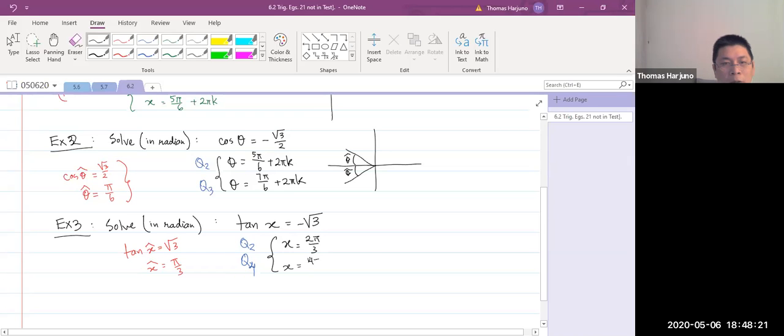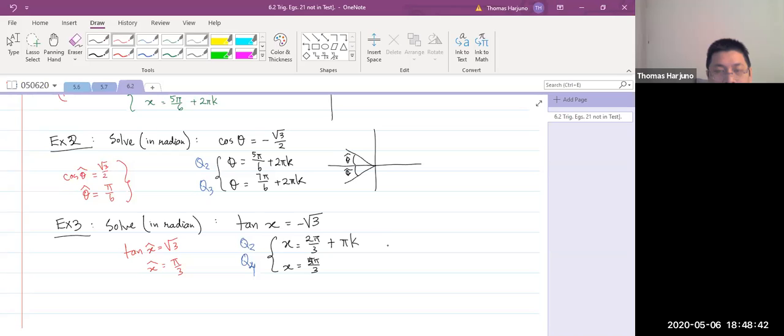5 pi over 3. But you notice that when I incorporate the period, the period for tangent is pi, not 2 pi, right? If k equals 1, maybe I write a little note there: when k equals 1, x will be 5 pi over 3.